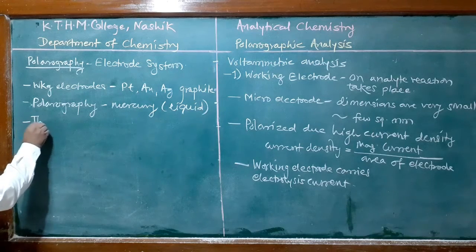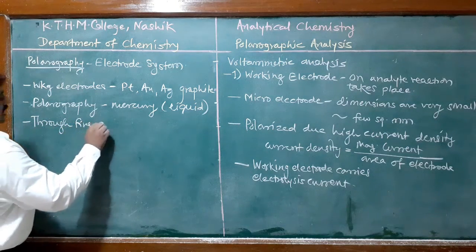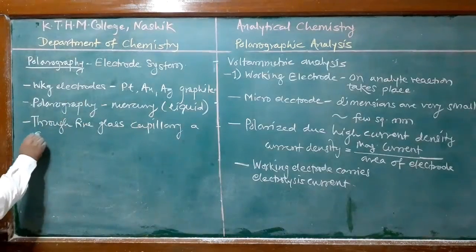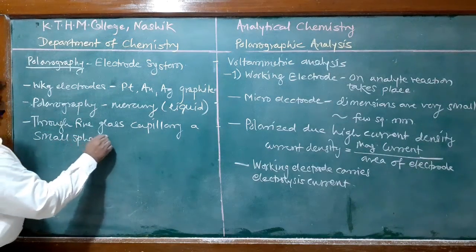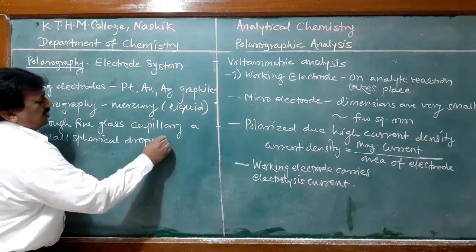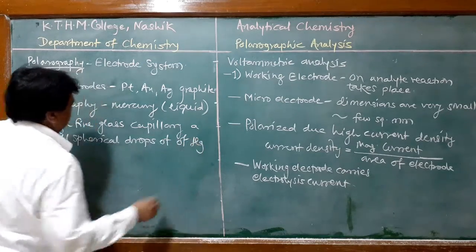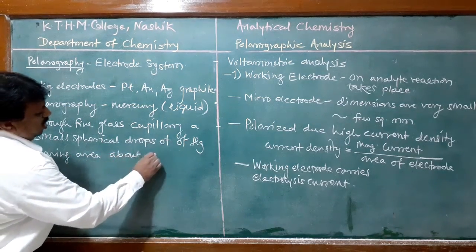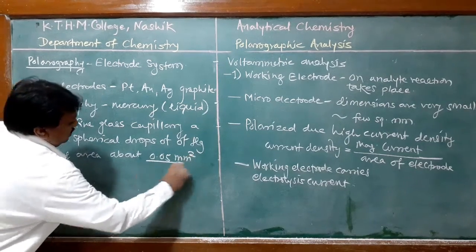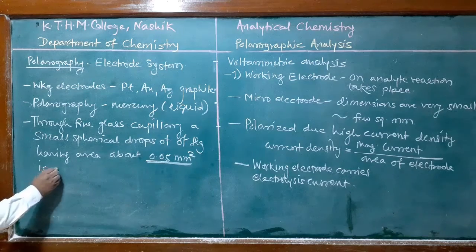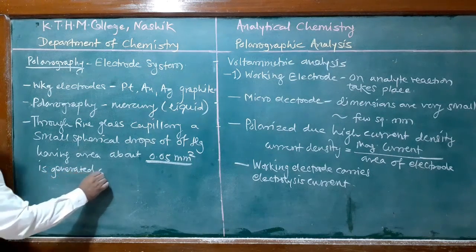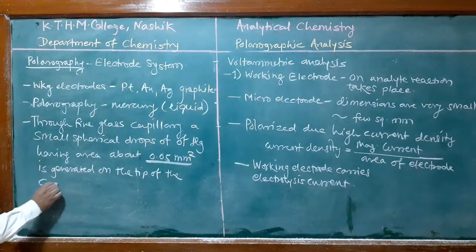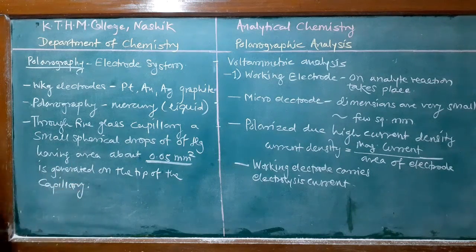Therefore, through a fine glass capillary, a small spherical drop of Hg having an area of about 0.05 square millimeter is generated on the tip of the capillary, and that acts as a working electrode in polarography.